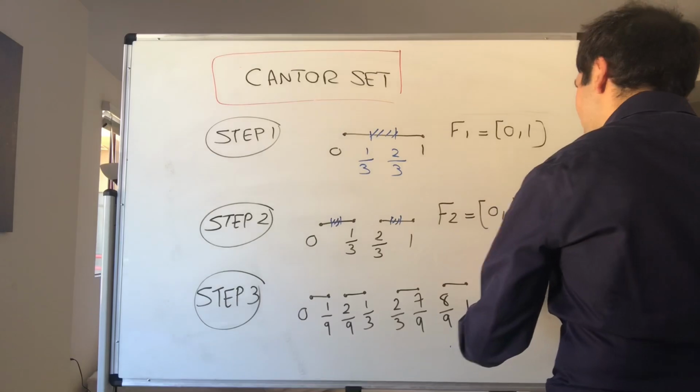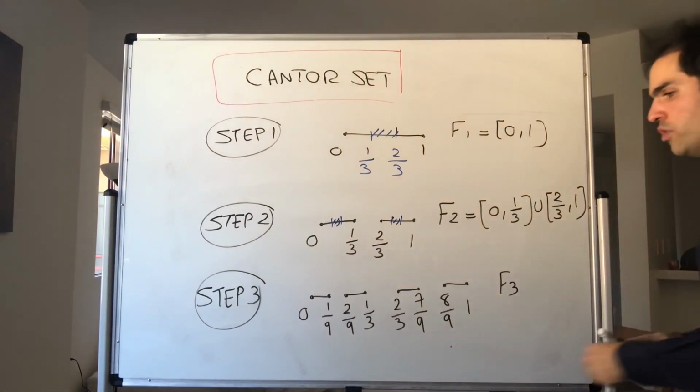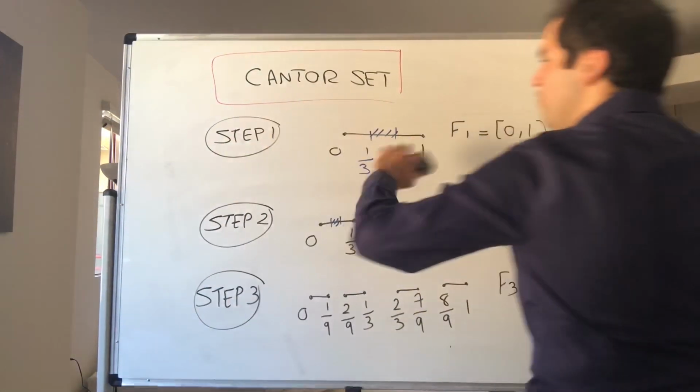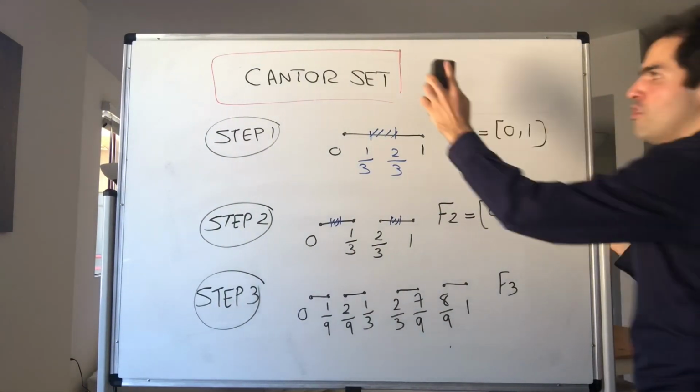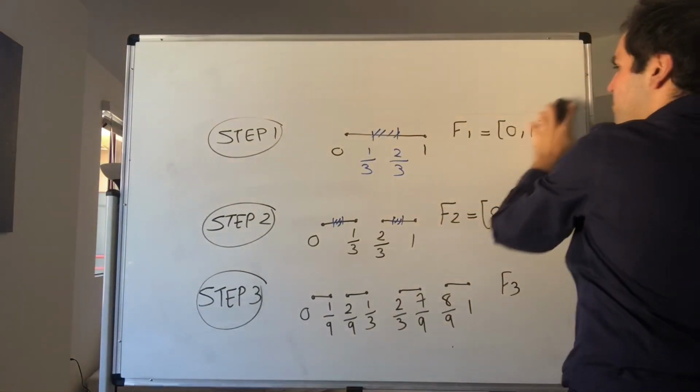And that gives you F3. And then just continue in the same way. Namely, given any Fn, you define Fn+1 by just removing the middle third of each subinterval of Fn.